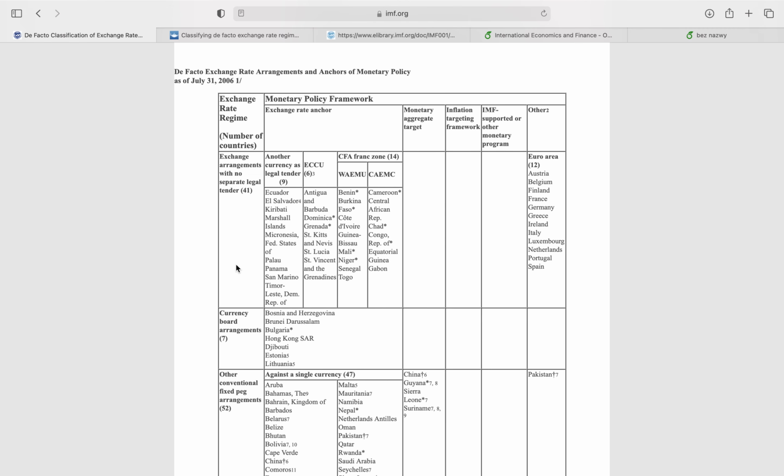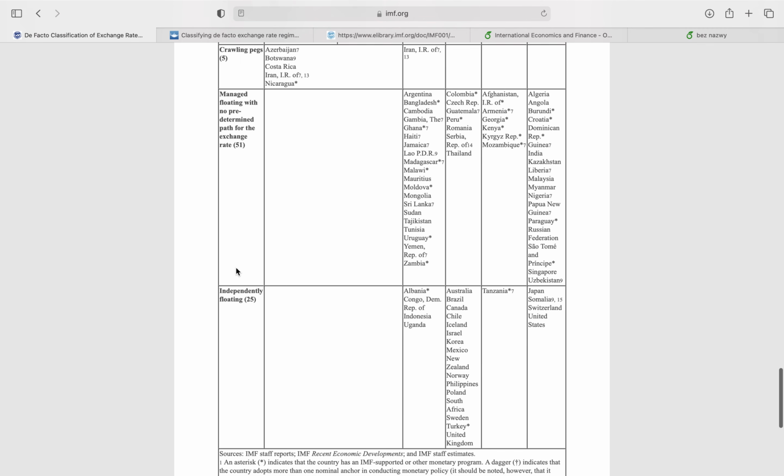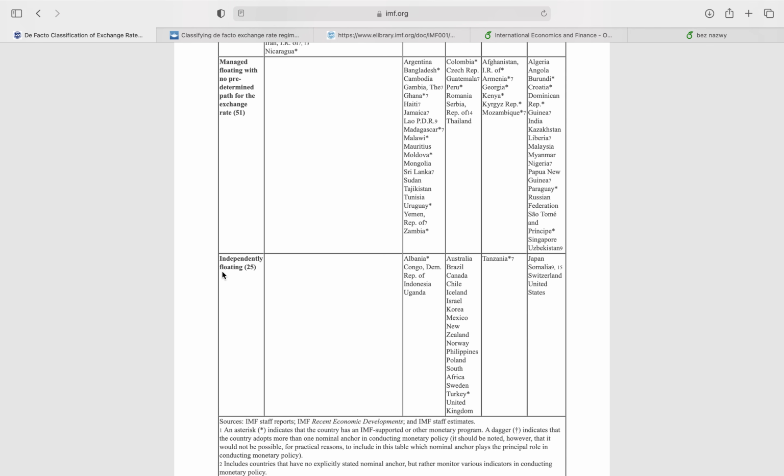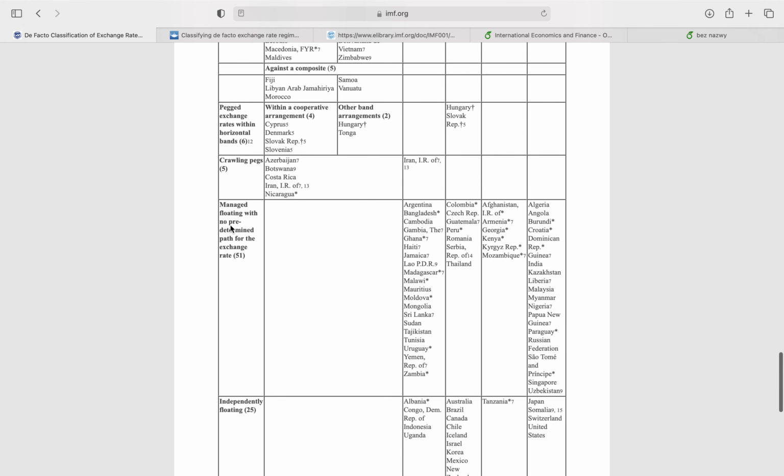And look, you see here how many different categories we have, from independently floating countries, where we have the United States, Japan, Switzerland, Korea, or even Poland, to managed floats, when usually the central bank intervenes from time to time to maintain the exchange rate within some bounds.